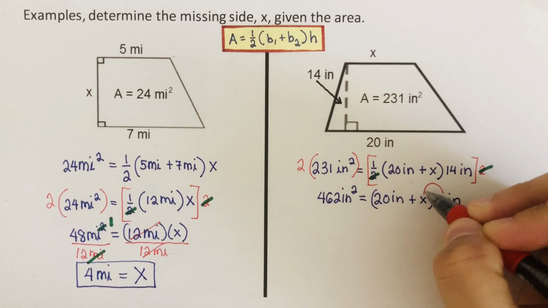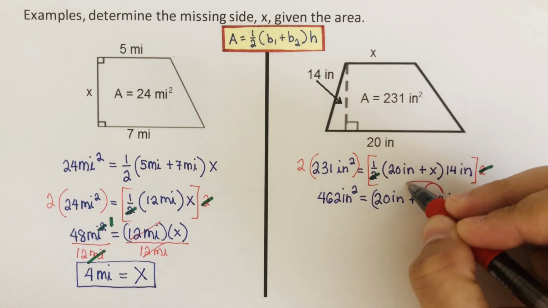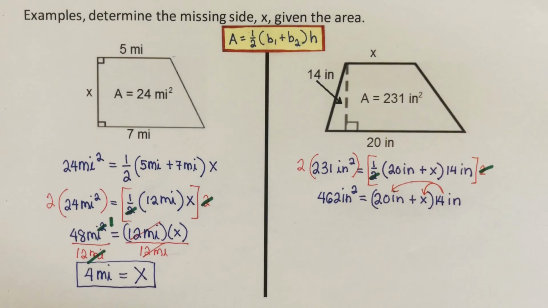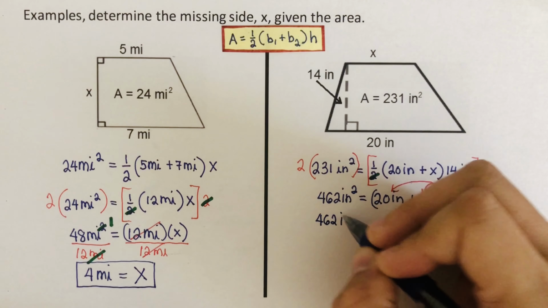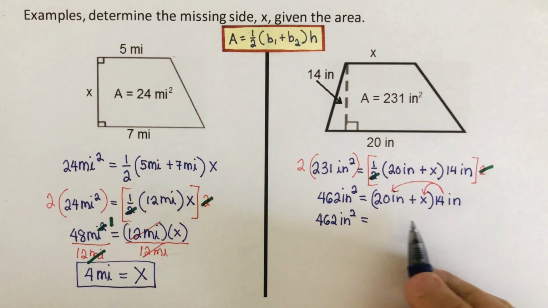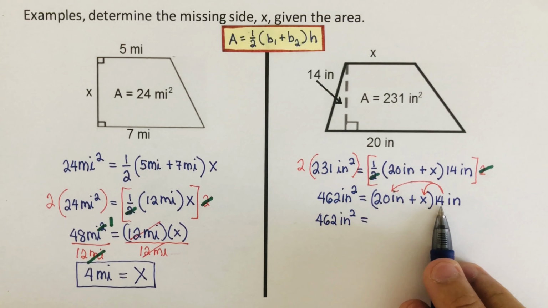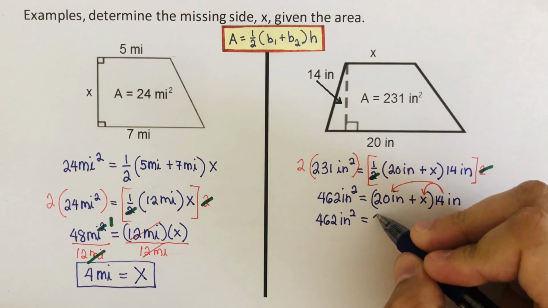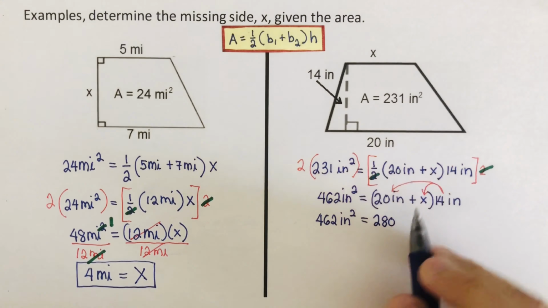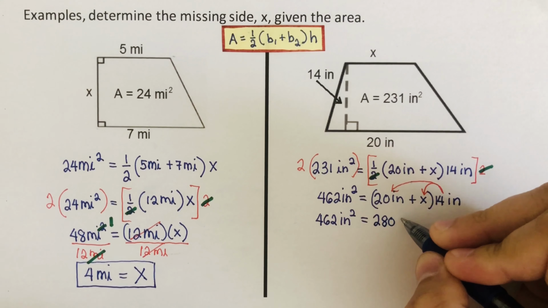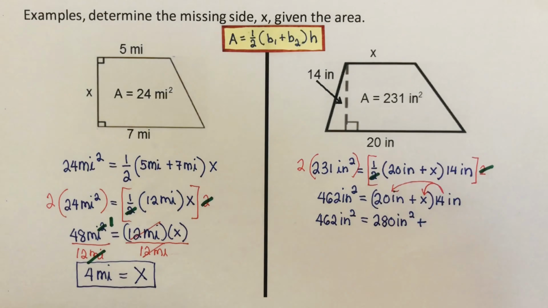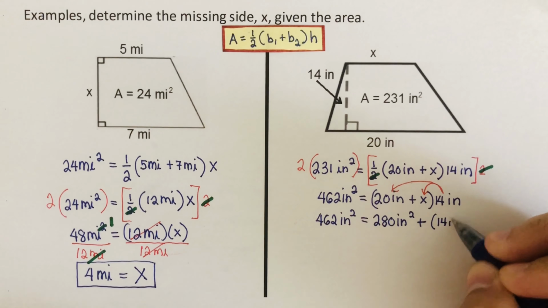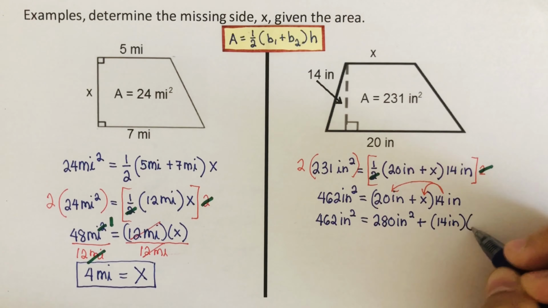So 14 will be distributed to the x, and it will be distributed to the 20. So then from here we can come up with 462 inches squared is equal to 14 inches times 20 inches, which would be 280 inches squared because you have 2 inches. So 280 inches squared plus 14 inches times x.